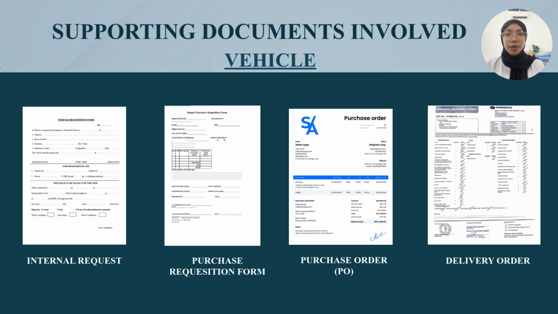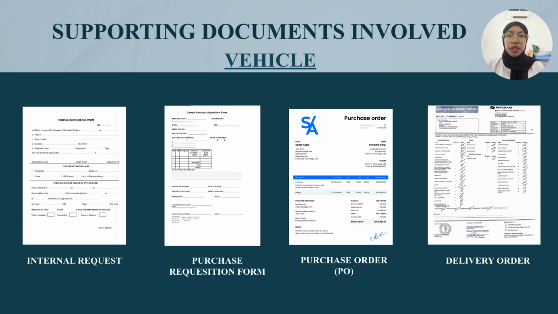For supporting documents for vehicle: internal request or purchase requisition form, proof that the acquisition originated legitimately from a department that currently needs it and had initial head of department approval. For purchase order, the official external contract confirming the exact price, specification and terms authorized by management for the supplier.